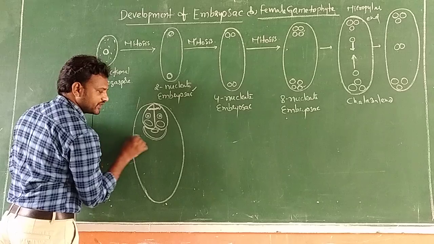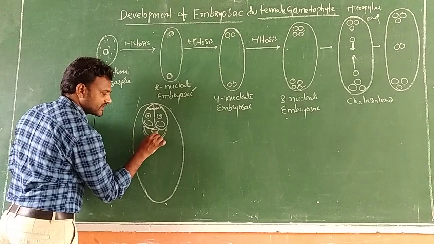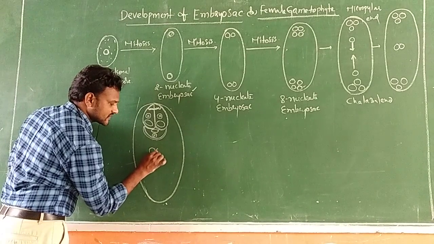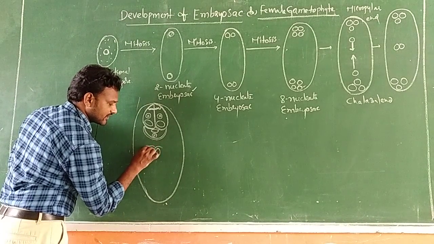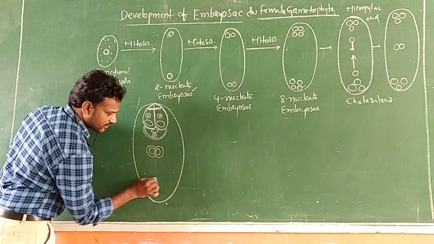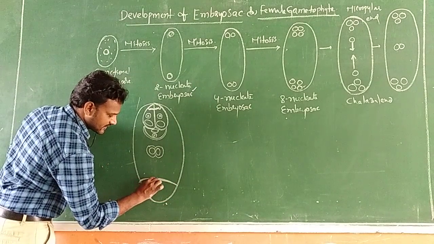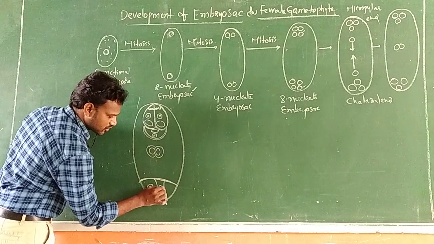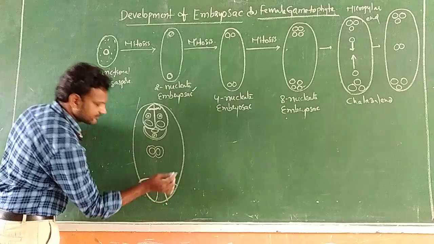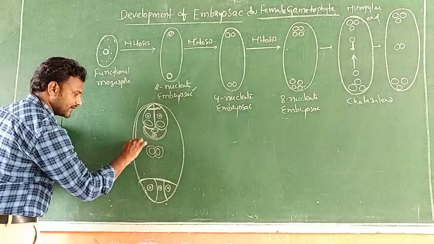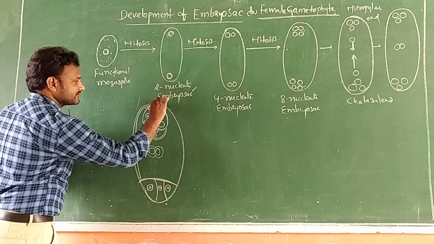Egg cell, upper side nucleus, vacuole, lower side nucleus. This is the center, two polar nuclei. And here you observe 1, 2, 3. This is the structure of the embryo sac.